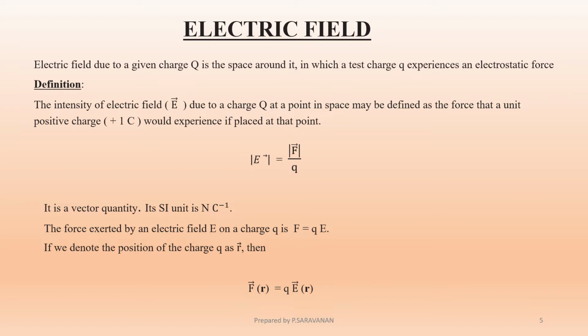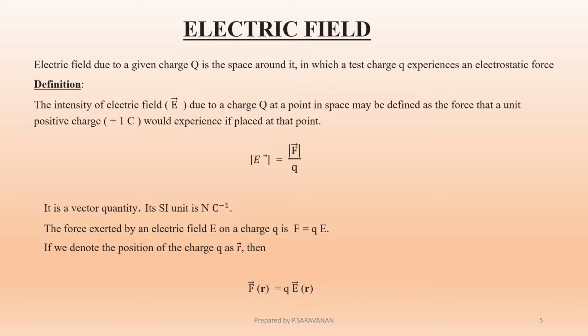Yes, since plus q also is positive, the nature of the force will be repulsive. And this force divided by the magnitude of the charge is called the electric field intensity at a given point. In general, electric field intensity is represented by vector E and its SI unit is Newton per Coulomb.